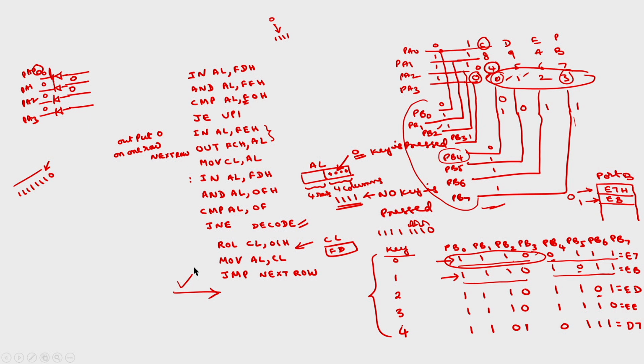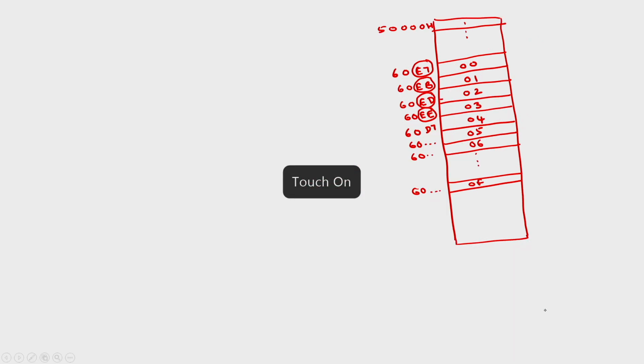Now to read that value into AL, what I will do is move AH comma 0 0 60, because I want to store this in the locations of 60. This value is there in AL, AH I am initializing to this, so that AX will have this address, that I will take into some register.